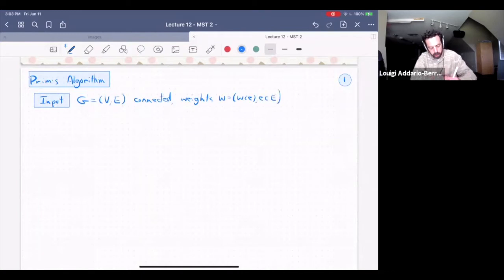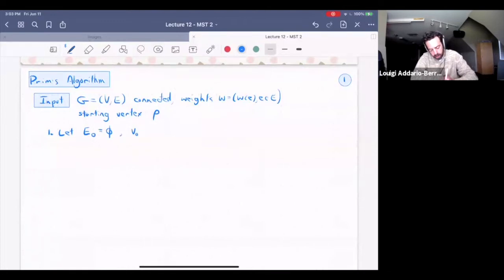And this time we need additionally some starting vertex, because we're going to proceed locally, growing a tree from a single node. We need somewhere to start. So we call the starting vertex rho, and we'll define Prim's algorithm by just saying what edges are added by Prim's algorithm as it grows.